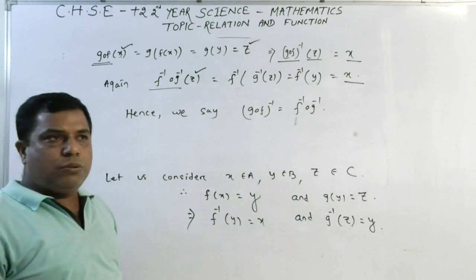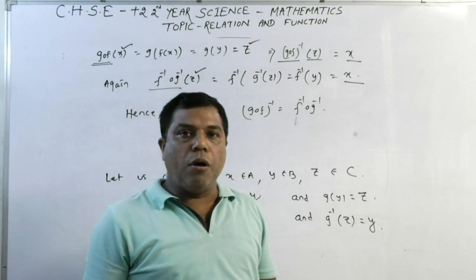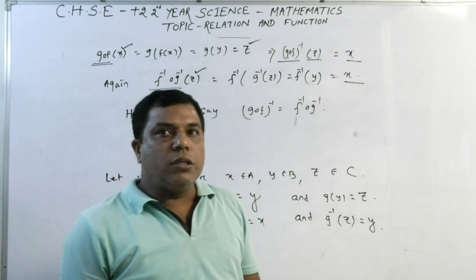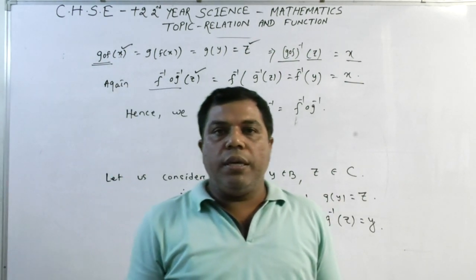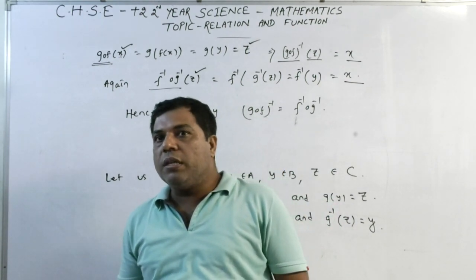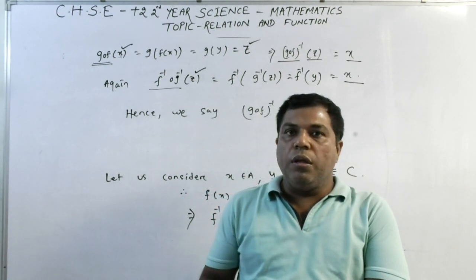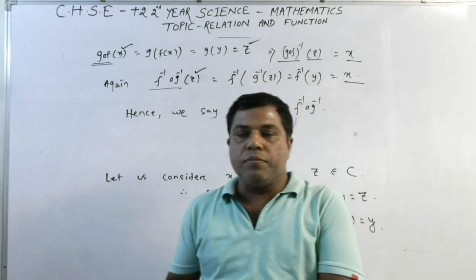Okay? So this is one of the important results of the composition. So today we observed the composition of functions and how composition can be done. Yes or no? That we observed today.